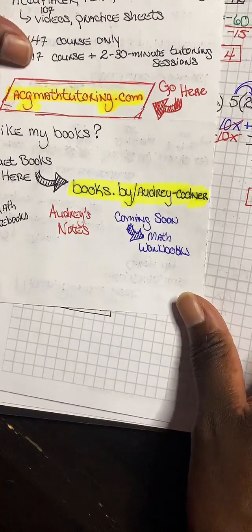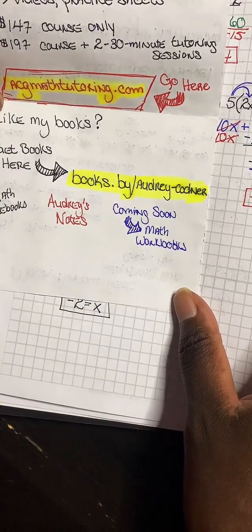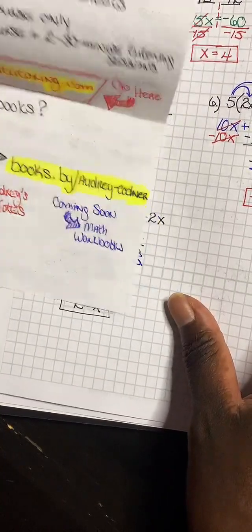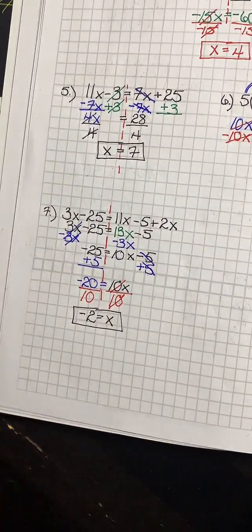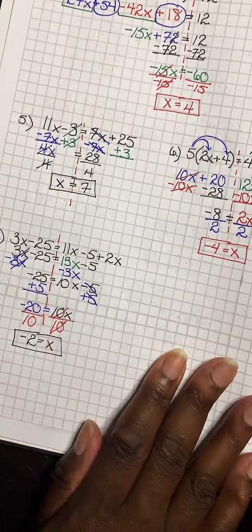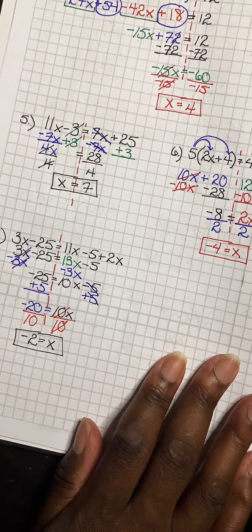Alrighty. All right. There you go. Don't be super scared. It's okay. All right. One more time.